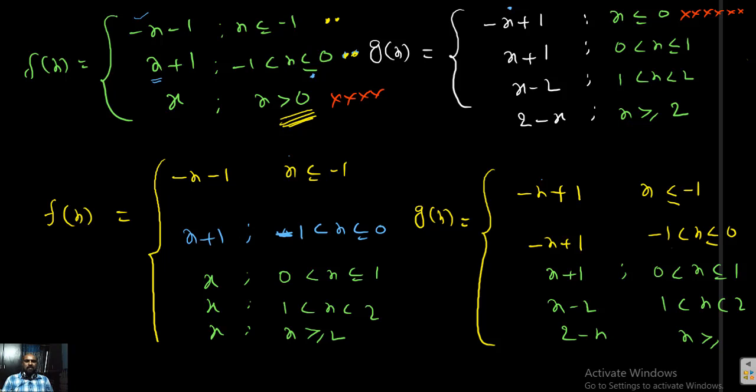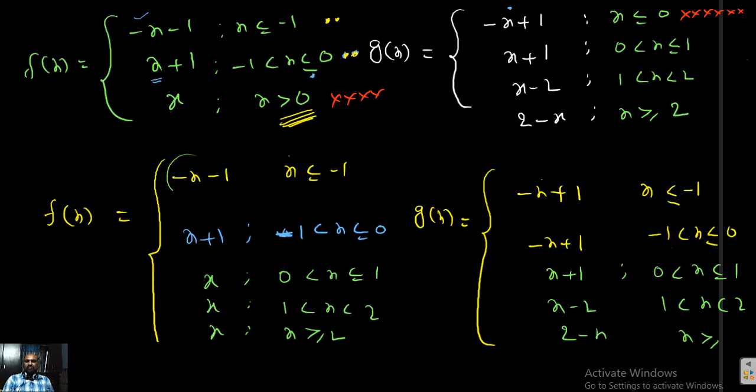Next page, directly I want to write f of x plus g of x equal to, students listen, this should be added to this. Roughly, minus x minus 1 minus x plus 1. The 1s get cancelled, minus 2x.